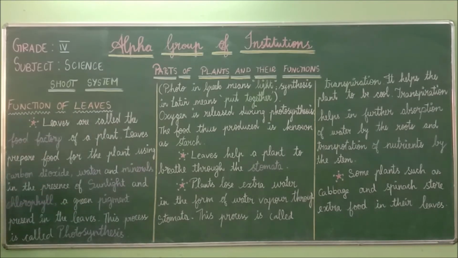That means when it is daytime, the plant will prepare food with the help of sunlight and chlorophyll. What is chlorophyll? A green pigment present in the leaves. Green dots of pigment are called chlorophyll, which are present in the leaves.